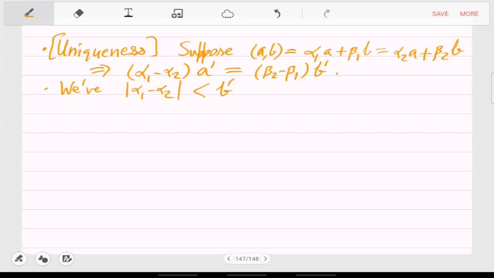So this means what? So that factor alpha 1 minus alpha 2 is smaller than B prime, and on the RHS you have B prime multiplying. What can you deduce from here? Can you deduce that hence alpha 1 minus alpha 2 is 0? What is the proof of this?